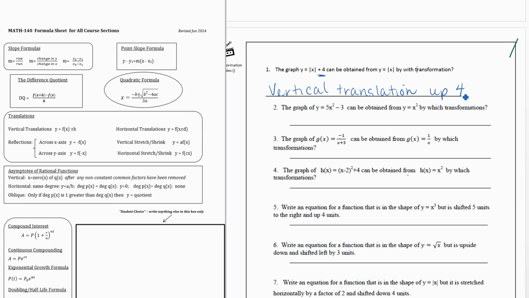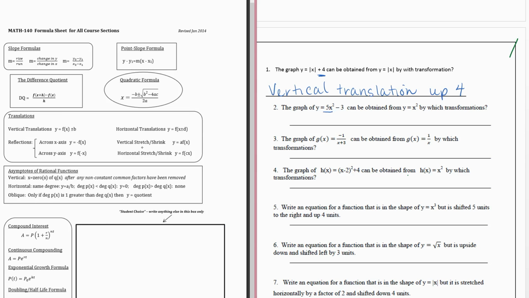Okay. So number 2 says the graph of y equals 5x squared minus 3 can be obtained from y equals x squared by which transformations? So notice we're multiplying the x squared by 5 and then we're subtracting 3. Now multiplying on the outside, since we don't have parentheses, would be like the vertical stretch or shrink. Remember, vertically when we multiply by a number bigger than 1, that stretches it by that much.